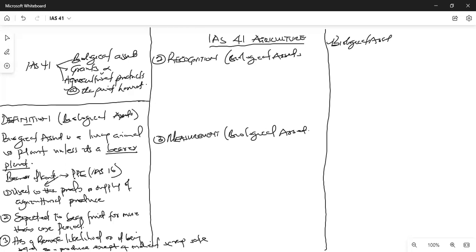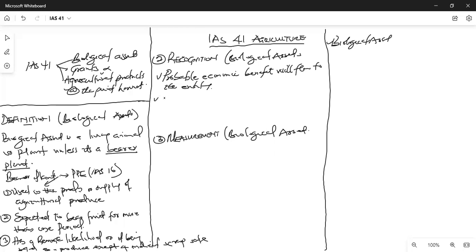All right. What we are now supposed to go through is to talk about the recognition criteria of a biological asset. Now, what are the recognition criteria of a biological asset? It is an asset, and therefore we say probable economic benefit will flow to the entity.